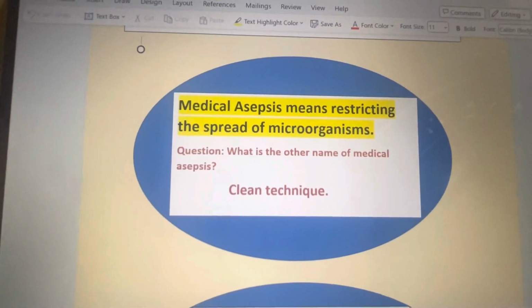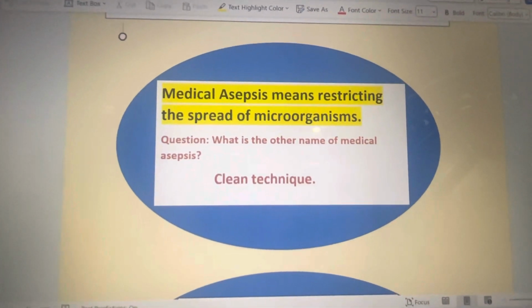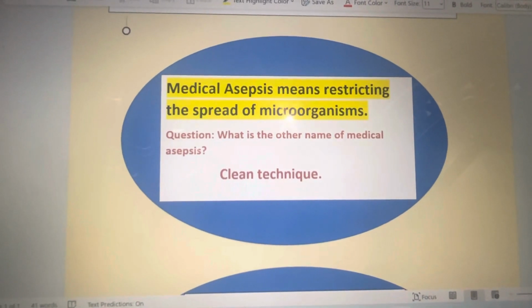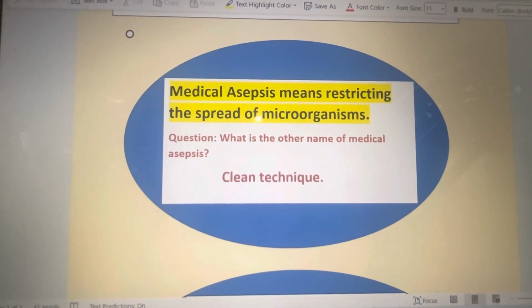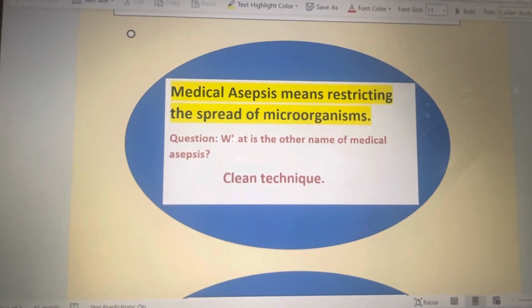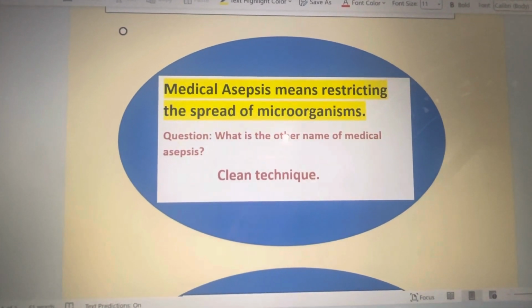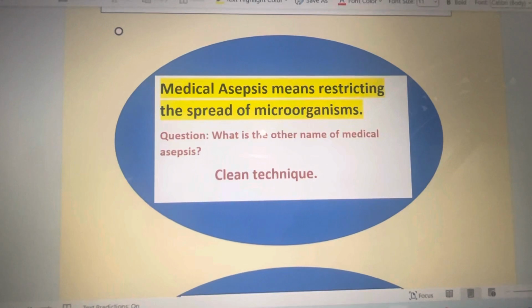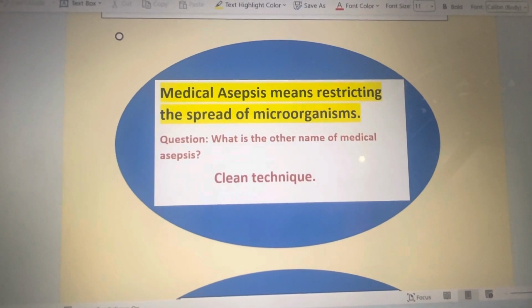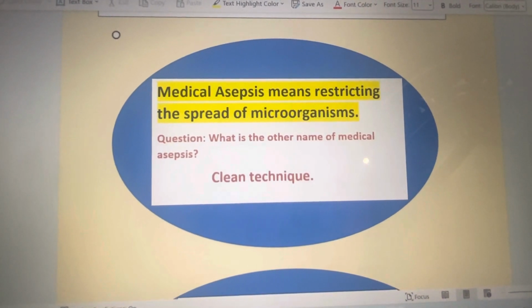And for medical asepsis, we can look at the word medical, and we can think of the medical office and medical supplies, or anything which we obviously see. We try to have the clean technique as we go to the medical office.